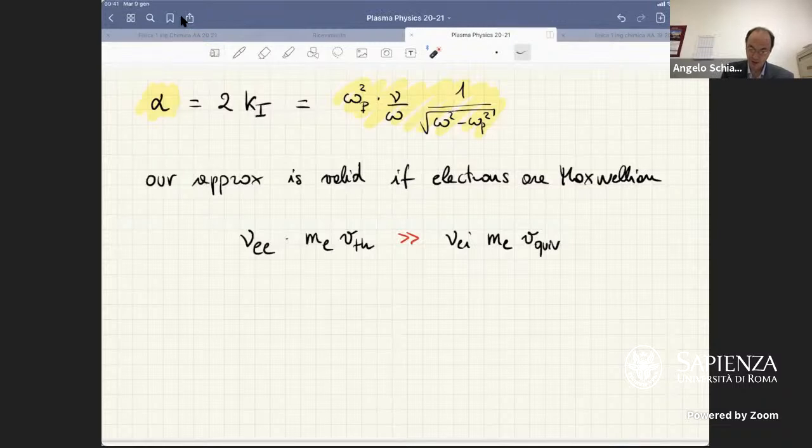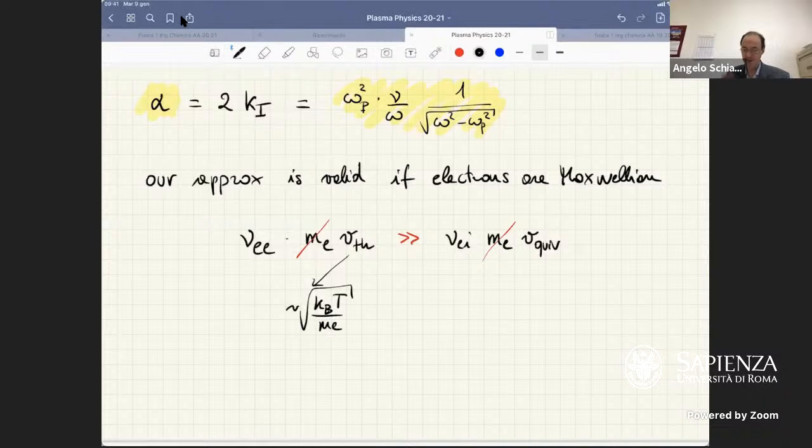Okay, as you can see here, we can simplify on both sides the mass of the electrons, and let's recall that the thermal velocity is of the order of the square root of kBT over mass of the electron. There's a factor in front, as we learned. It could be a 3, it doesn't matter, depending on the dimension.